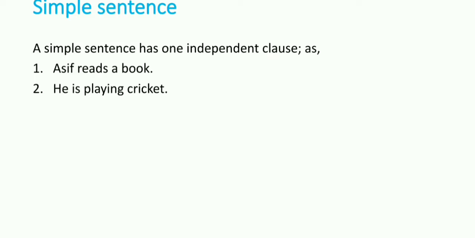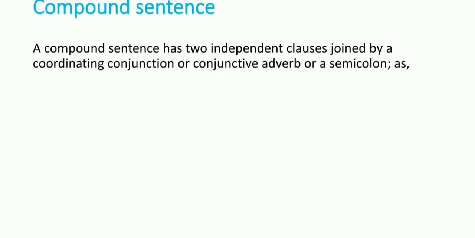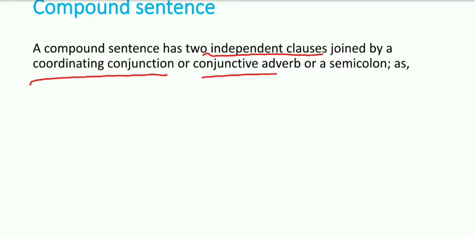Now we have the next, that is the compound sentence. A compound sentence has two independent clauses. Keep in mind, two independent clauses joined by a coordinating conjunction, a conjunctive adverb, or a semicolon. So two independent clauses: this is the main thing.